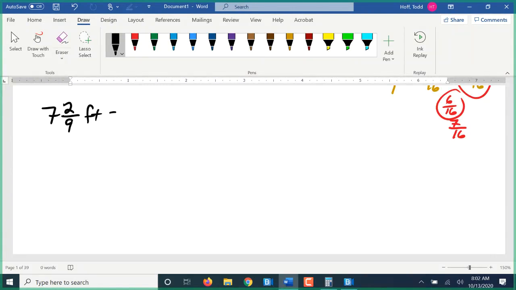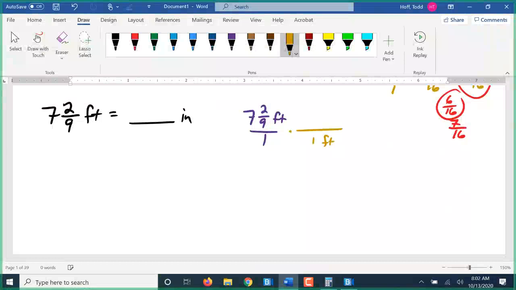And we're going to convert that just into inches again. So again, we'll start out with my 7 2/9 feet. We'll put it over 1. And I'm going to multiply by the conversion factor, 1 foot on bottom, 12 inches on top. But the feet cancel out.